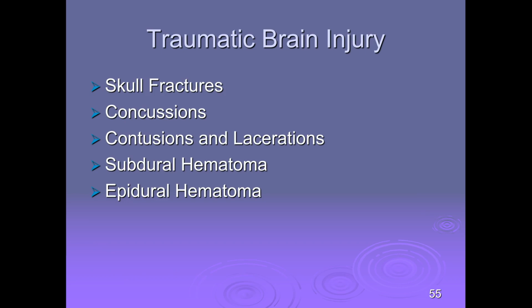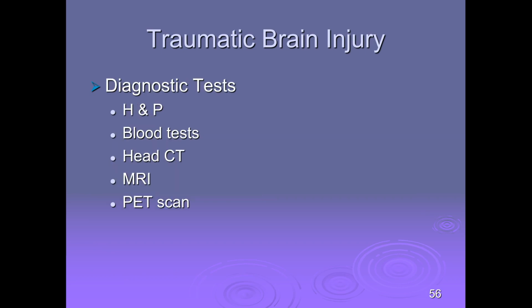Traumatic brain injury can include skull fractures, concussions, contusions and lacerations, subdural hematoma, epidural hematoma. Traumatic brain injury diagnostics, the most common way is a head CT or an MRI, maybe even a PET scan.